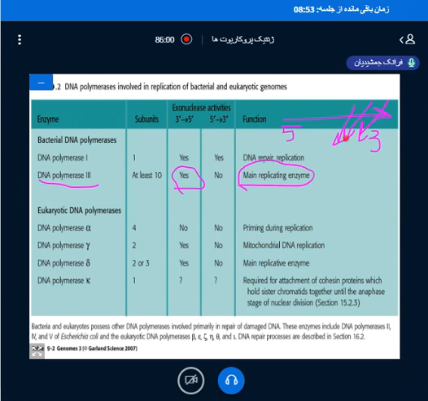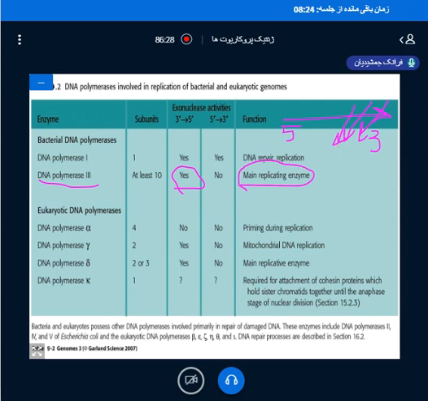So what is its point? If the DNA polymerase puts the wrong nucleotide here, it can remove it from the 3' end and correct it with the right nucleotide.